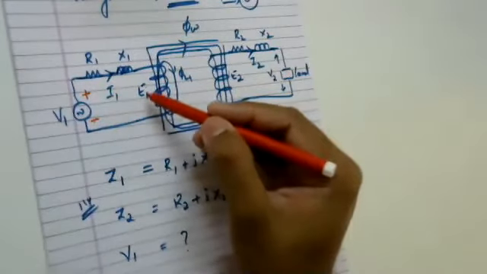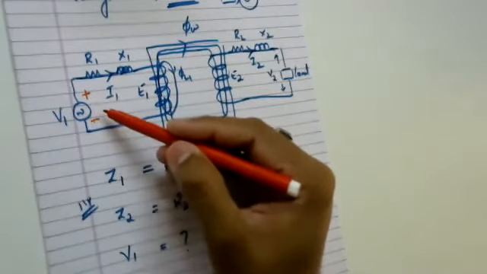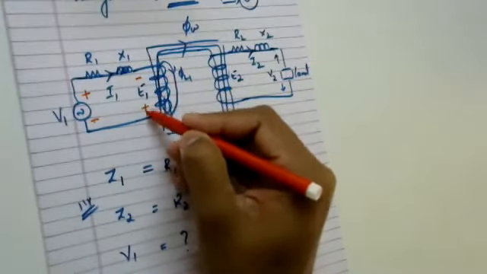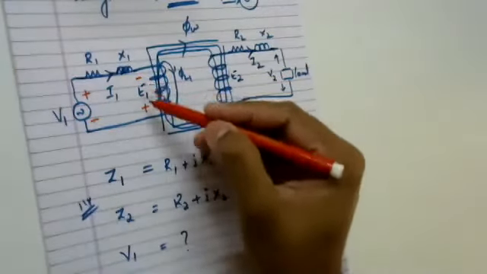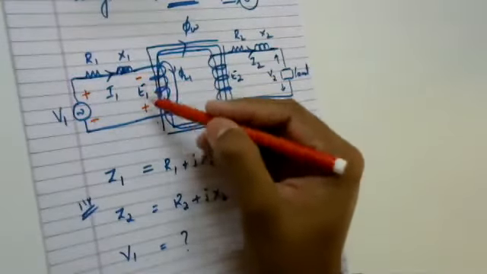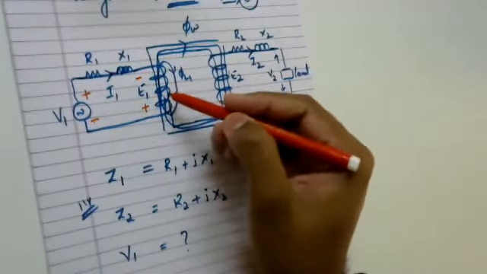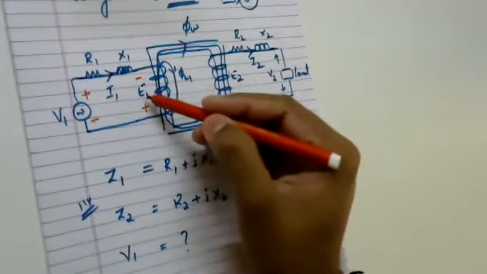So this will be negative and this will be positive. This is in accordance with Lenz's law. So E is equal to minus N d phi by dt. That equation you are using in order to establish this polarity.